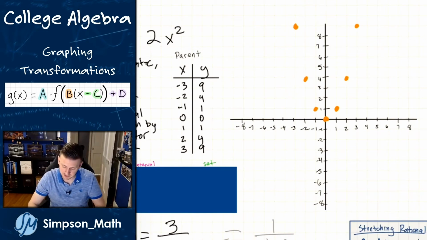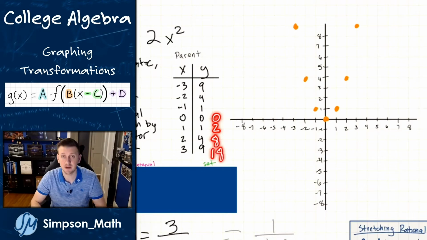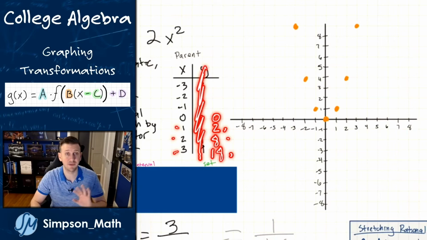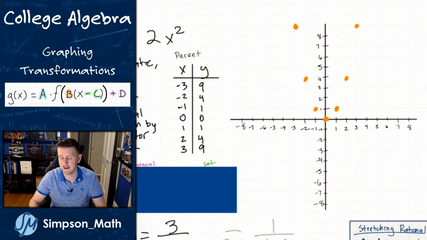So you can literally look at this column of y values and just double them. 0 times 2 is 0, 1 times 2 is 2, 4 times 2 is 8, 9 times 2 is 18, and so forth. And then you could just graph 0, 0, 1, 2, 2, 8, 3, 18, and that's it. That's what we need to do. And then, of course, their negative counterparts.